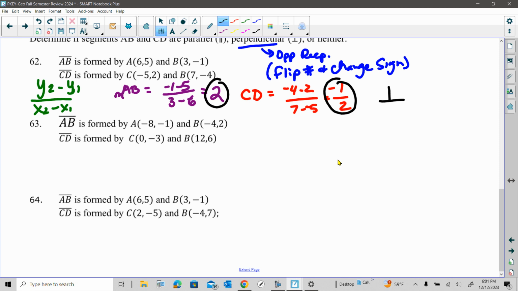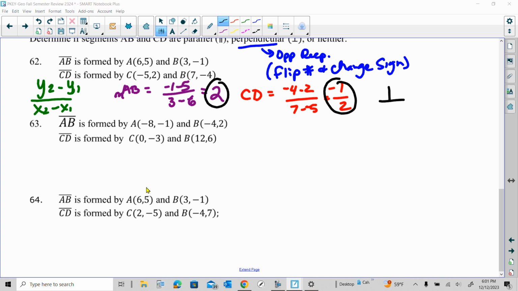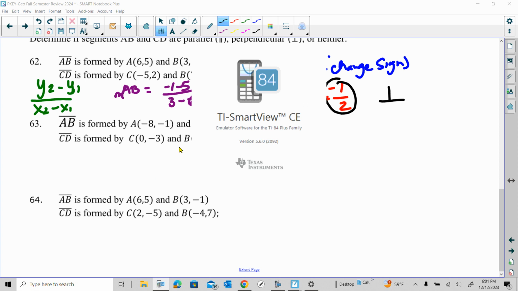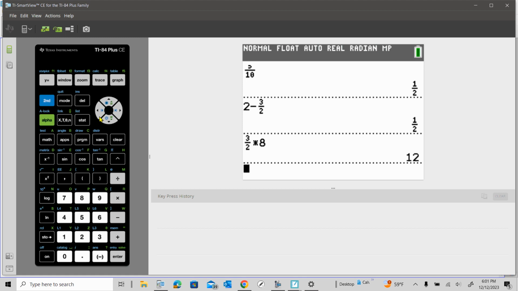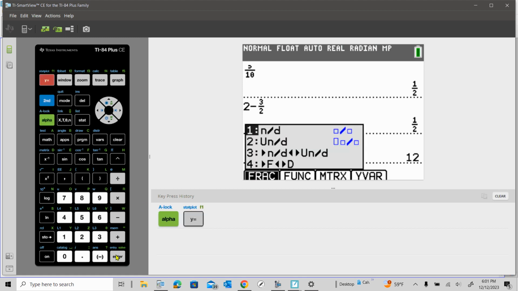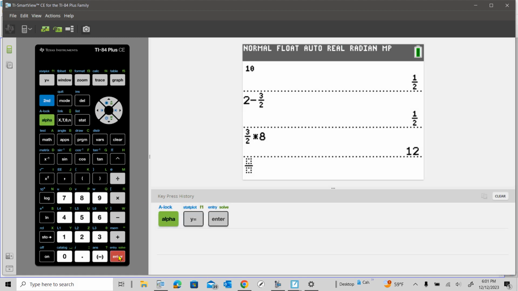Please use your formula, use your calculator. Remember, you can put this in the calculator. Like if I'm doing the AB on 63, I could just go straight to the fraction box. You can go to the fraction box by doing alpha y equals, hit enter, and just type in the setup.